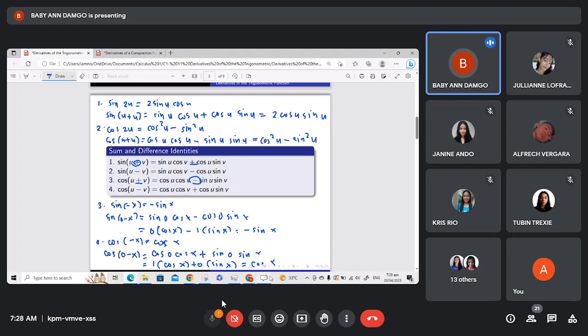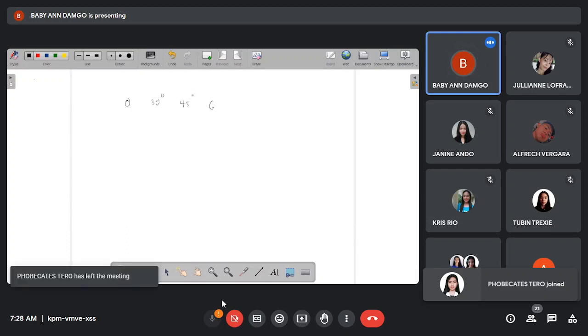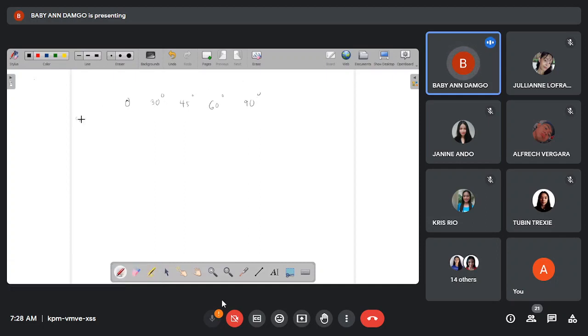Okay, so now I will teach you a shortcut. But please take note, this is only for special angles. Okay, so if you have here 0, 30 degrees, 45 degrees, 60 degrees, 90 degrees, okay? And then you have sine theta, and then cosine theta.